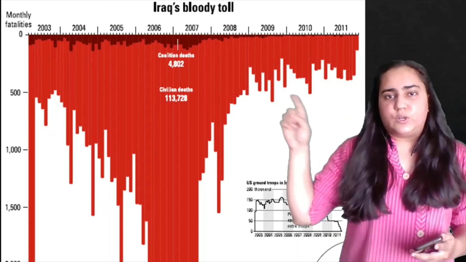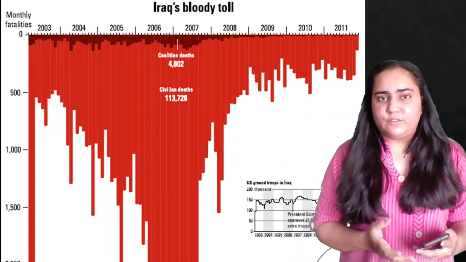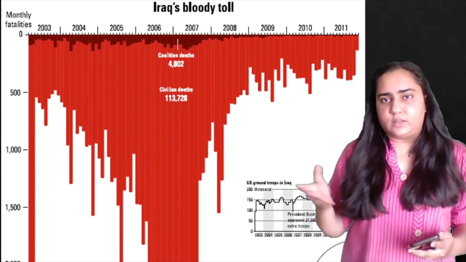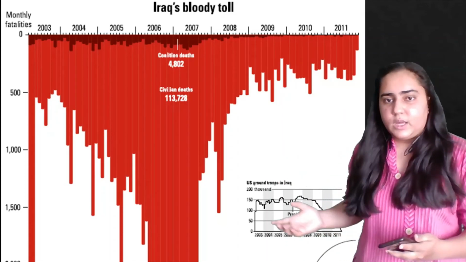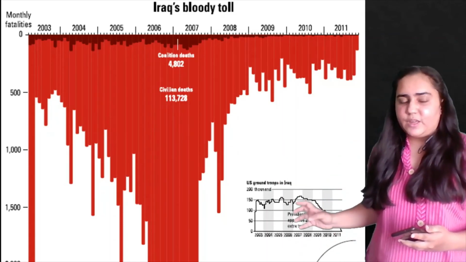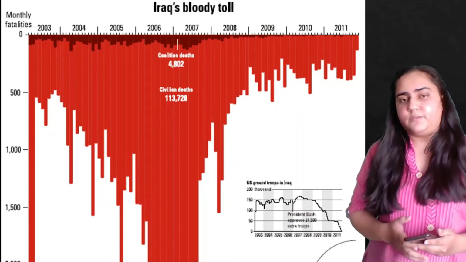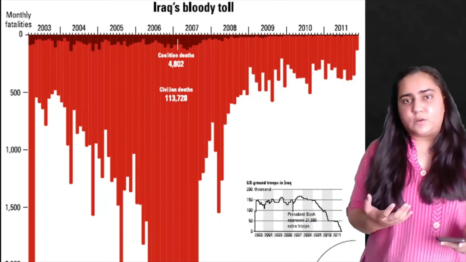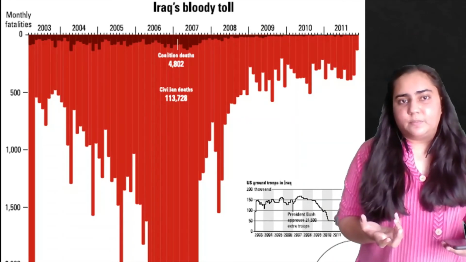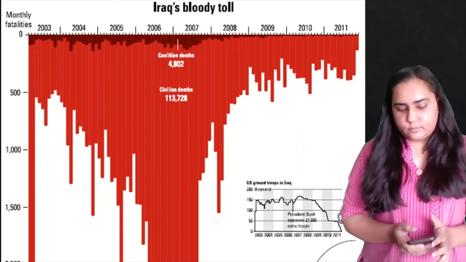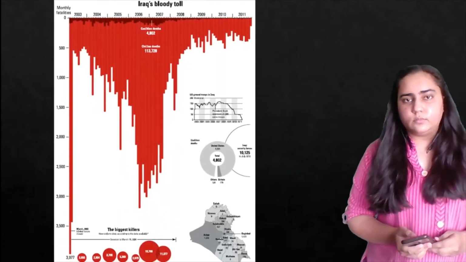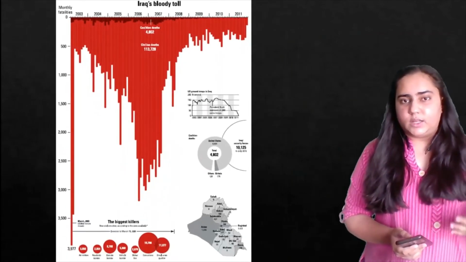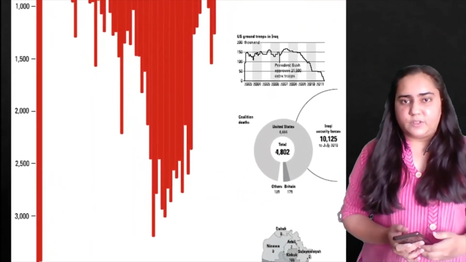You can see all the years on top. You can see 2003, 4, 5, 6, and it's up to 2011. And there's a little bit of explanation over here given, which you can see. And from the chart, it's quite easy to make out in which years exactly there was more bloodshed. And then let's take a look at another part of this chart.